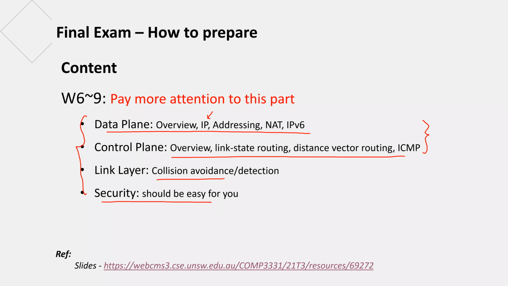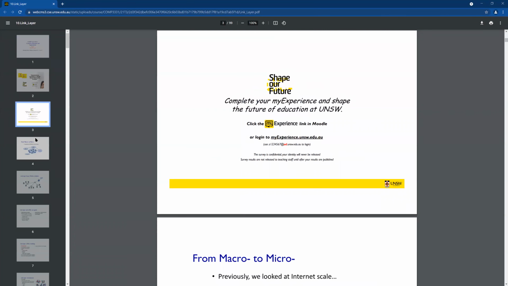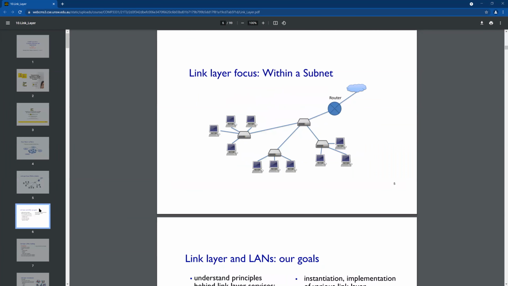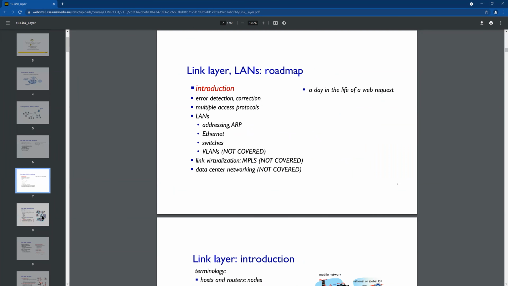And what's next? The link layer. Let's have a look at the content. Error detection: they may have a multiple choice about the concepts of error detection.